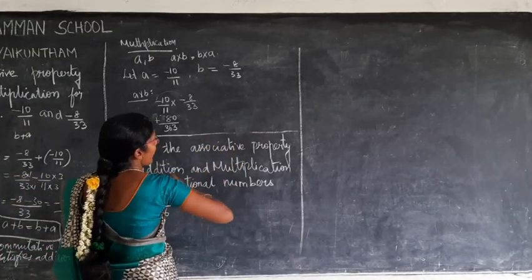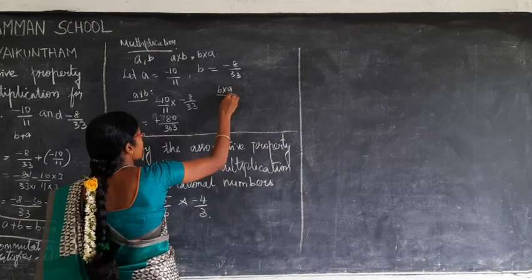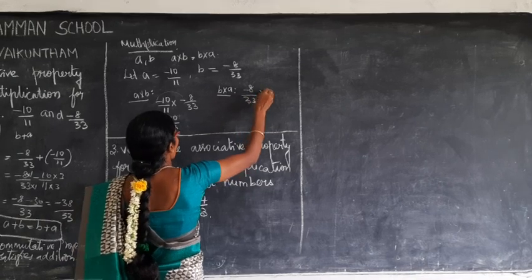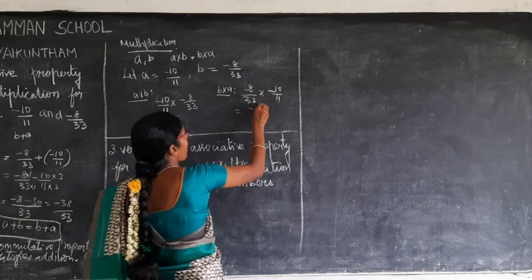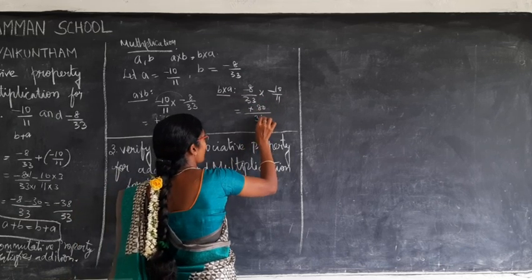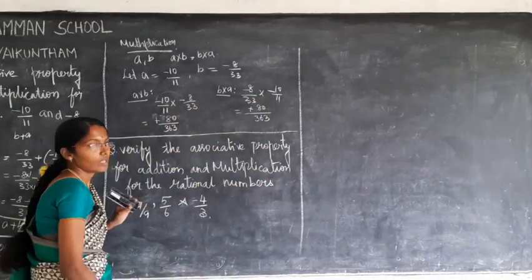What is b into a? Minus 8 by 33 into minus 10 by 11, which is equal to plus, minus into minus plus, 80 by 363. So 33 into 11, what is 33 into 11? 363.